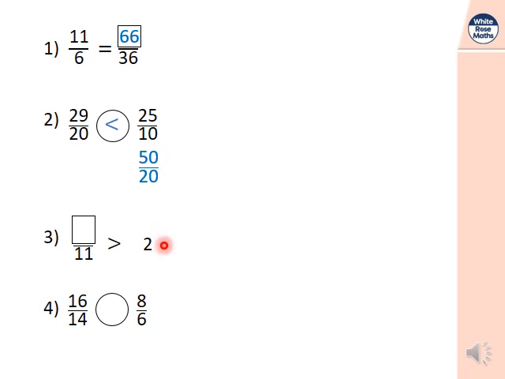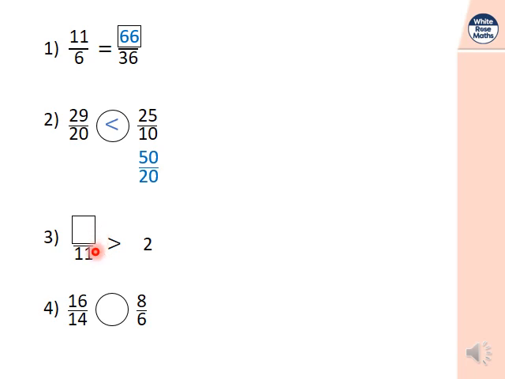Then question 3, we've got our numerator missing, our denominator is 11ths. We've got the symbol greater than, and then we've got the number 2, and that 2 means 2 wholes. So if we've got a denominator 11, what we should have thought about is what would it be if it was 2 wholes?